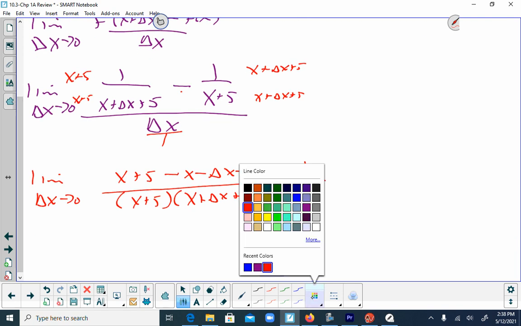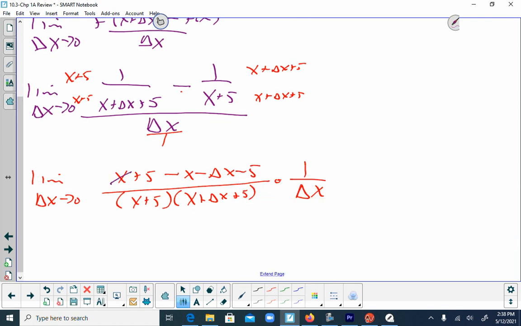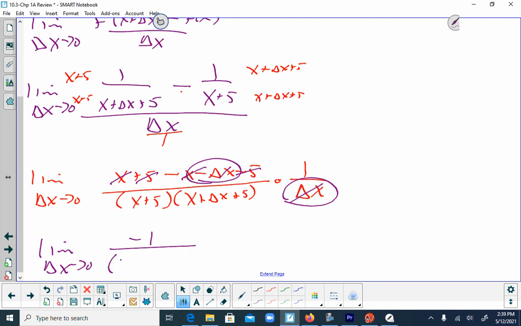Then what I'm going to notice is that the x's will equal 0, the 5's will equal 0, and so now I have negative delta x and this positive delta x, and those will simplify. So I'm going to end up with a limit as delta x approaches 0 of -1 over, and now it's okay that I put in 0 for delta x because it's not going to make my denominator equal 0.